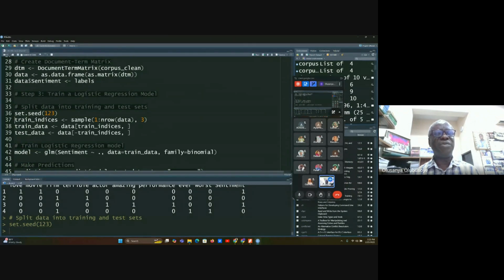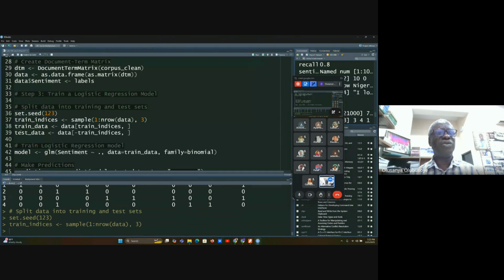Then we will randomly select the documents we want to use for the training set. It will draw 3 out of 4, and then the remaining one. That's what this one is saying. Draw 3 randomly.